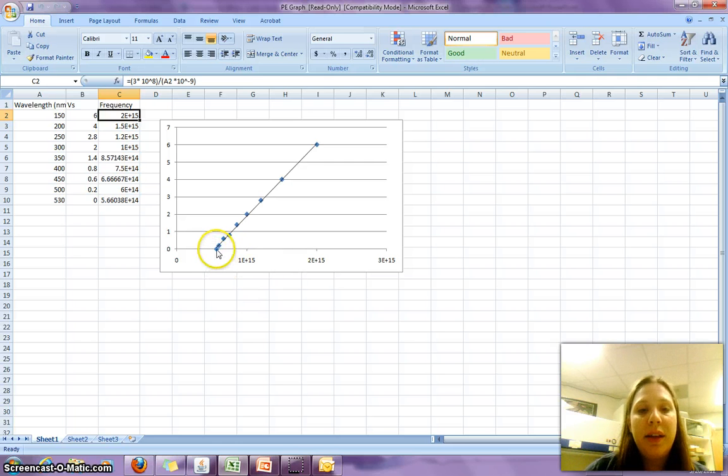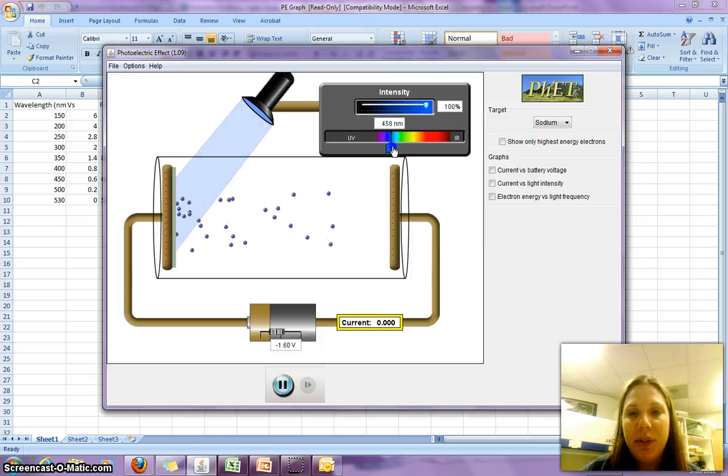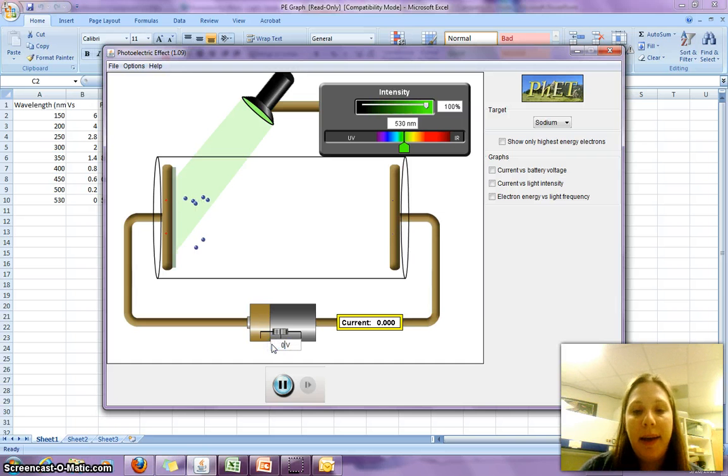So what you notice is that there's a minimum frequency that is required for electrons to jump off and for a current to happen. If we turn this up to about 530, which is about where it is, we can see that if we set the voltage to 0 at 530 nanometers, then the current is 0.